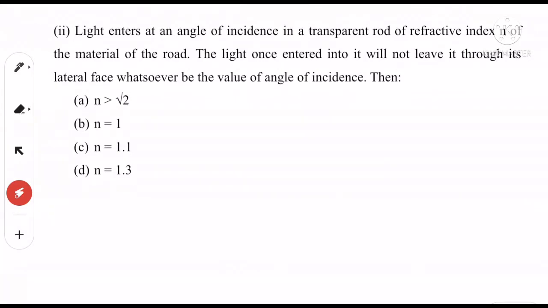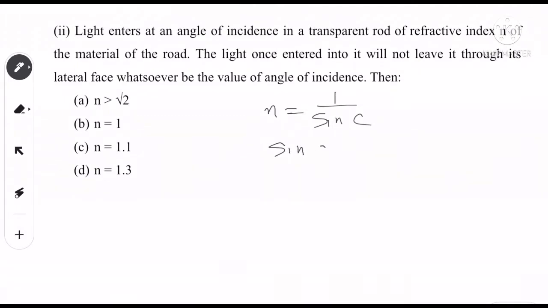As we know that n, the refractive index, will be the reciprocal of sin of the critical angle, that is, sin C will be equal to 1 upon n, and this will be equal to sin 45.